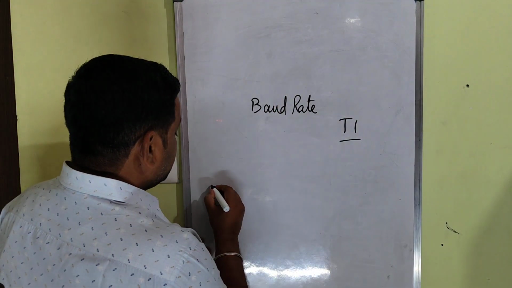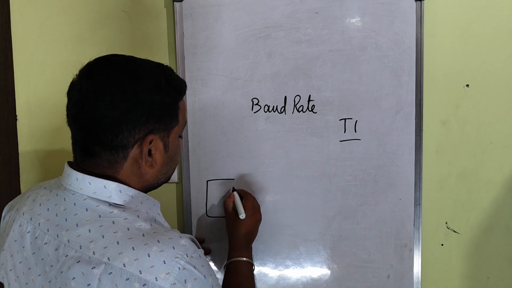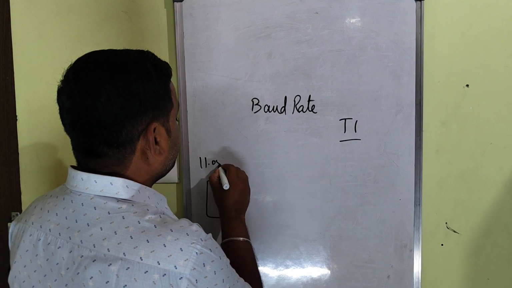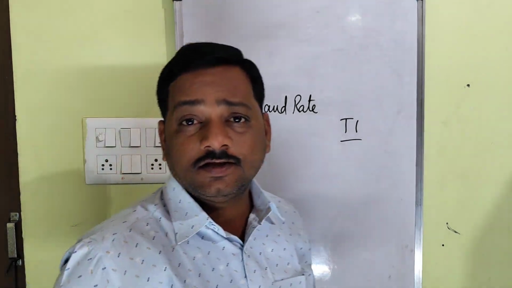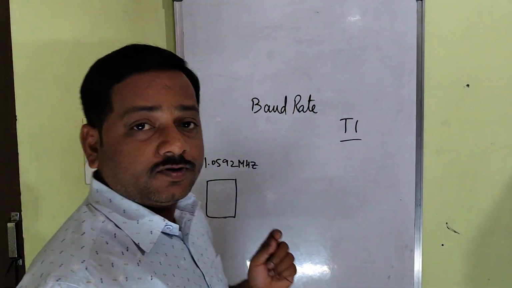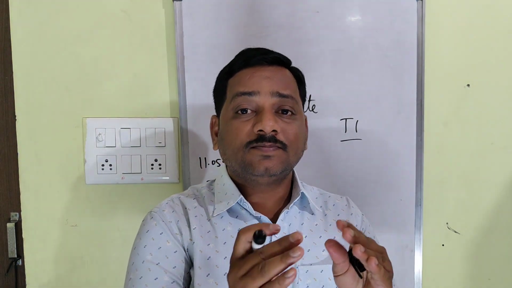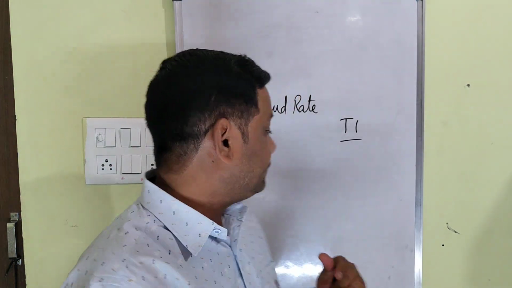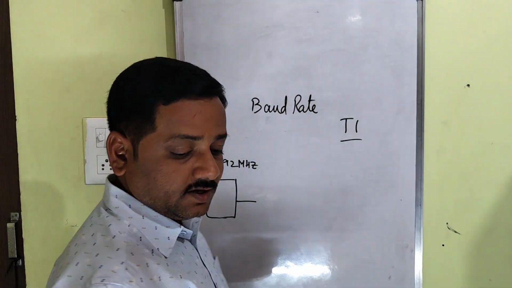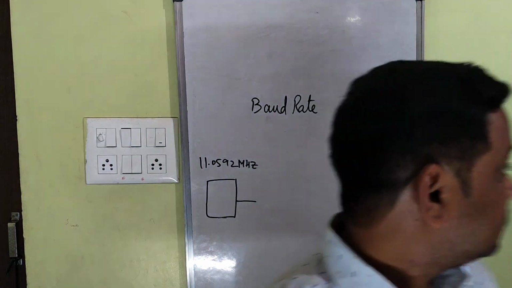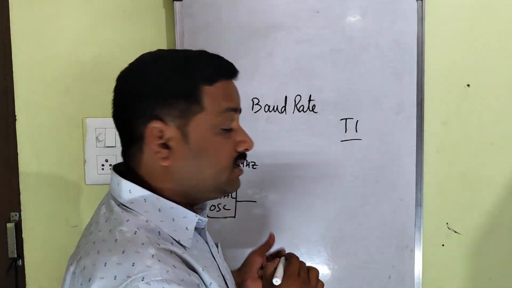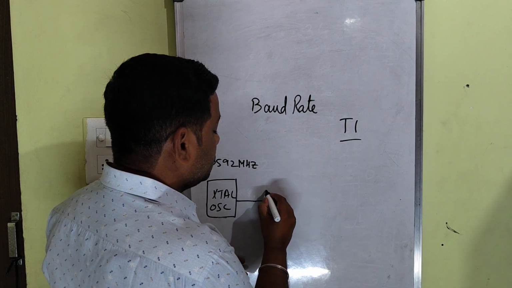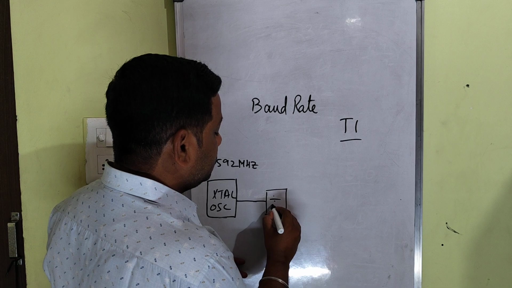We know that the microcontroller is going to have a crystal oscillator with a frequency of 11.0592 megahertz. It is going to work on this frequency. Whenever there is a crystal frequency of 11.0592 megahertz, the microcontroller will divide it by 12.